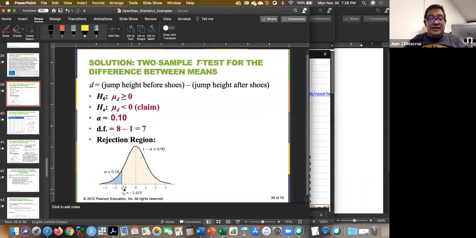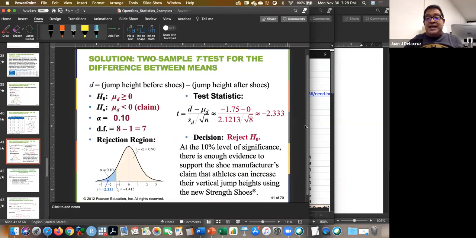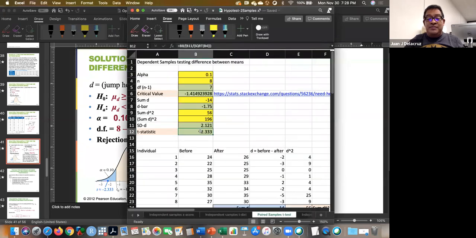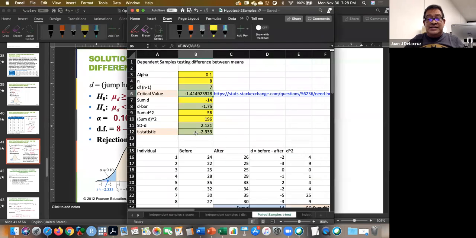So after computing all these formulas, we have a critical value of 1.415, and a test statistic of 2.33. This is the test statistic, this is the critical value.